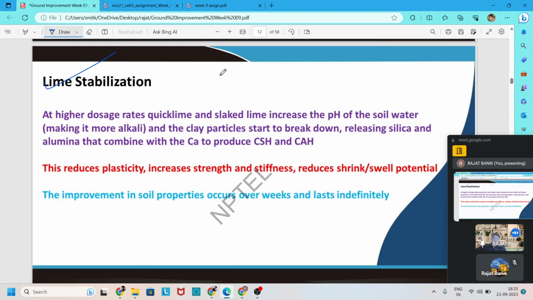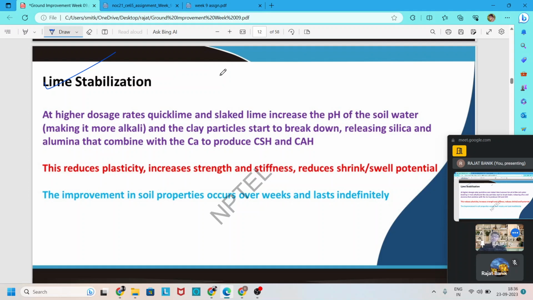After that, this alumina and silica react with the calcium of the lime and produce two cementitious materials, which are also used in cement: one is calcium silicate hydrate, another one is calcium aluminate hydrate. These two cementitious materials further react with the soil particles and make a stronger bond between them. In this way, we stabilize the ground through lime.